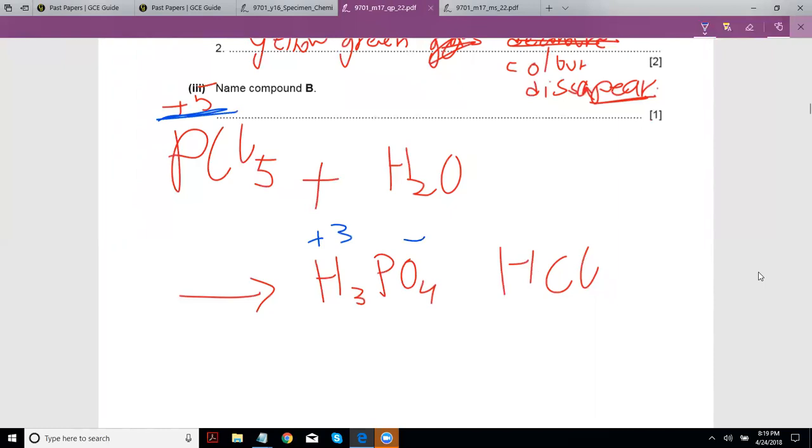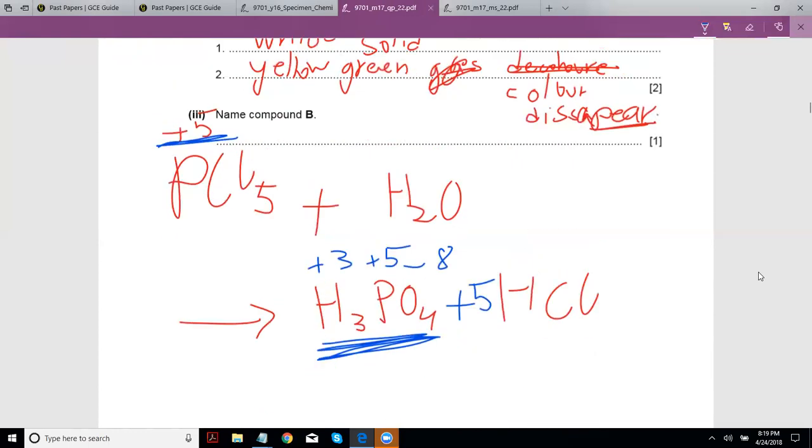This is -8, so it has to be +5. So whatever you've written, you've written it correctly. That's the thing. If we balance, you would take 5 of this, right? Which isn't what the question is asking. It's just asking you to name compound B.